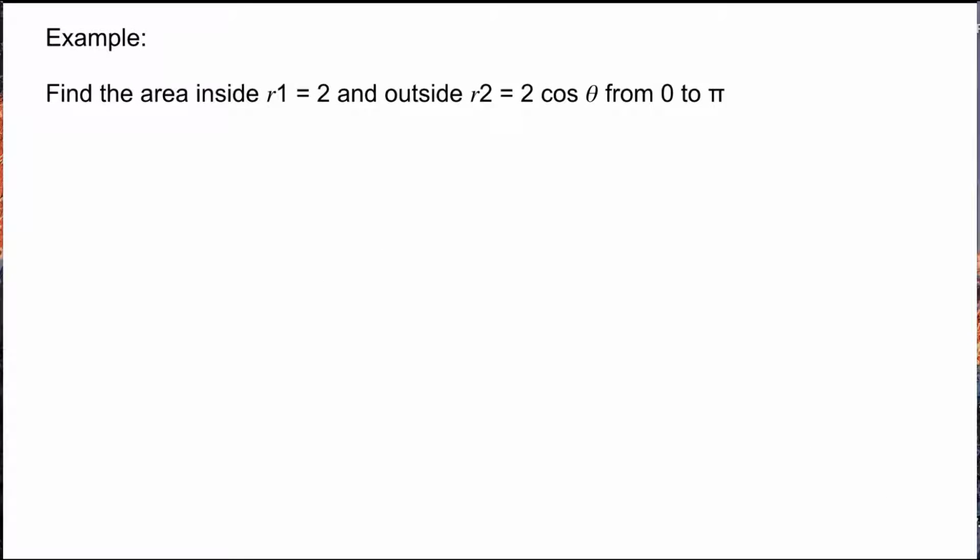And then let's take a look at example 3. They said find the area inside r1 equals 2 and outside r2 equals 2 cosine theta, from 0 to pi. Here is the equation of this one. There's no question about why we use this, right? Because it's so obvious we have to use polar coordinates.